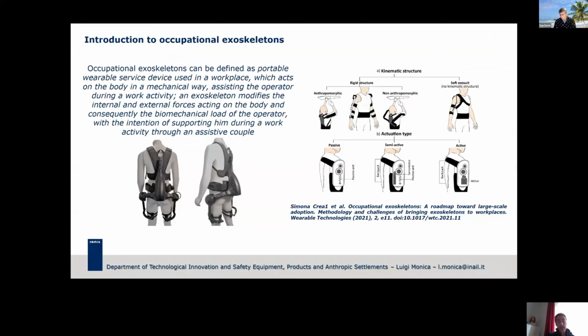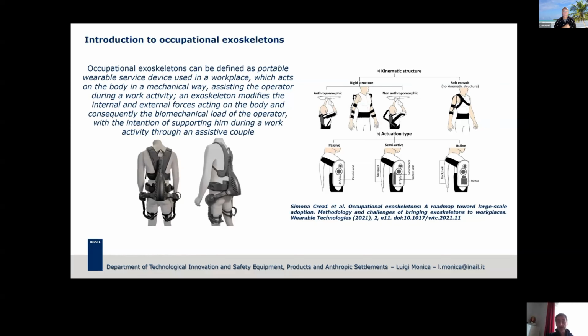Generally, in Italy, we consider an occupational exoskeleton as a portable wearable device used in the workplace which acts on the body in a mechanical way, assisting the operator during a work activity. An exoskeleton modifies the internal and external force acting on the body and consequently the biomechanical load of the operator, with the intention of supporting him during a work activity through an assistive couple.